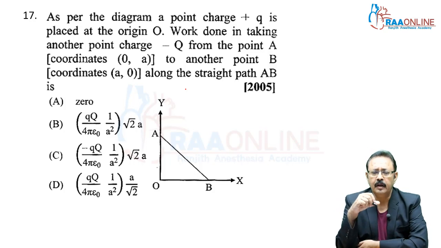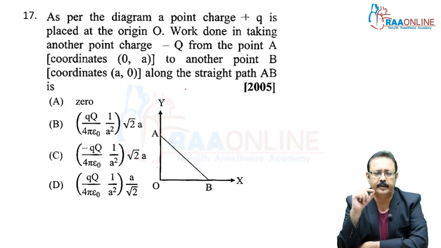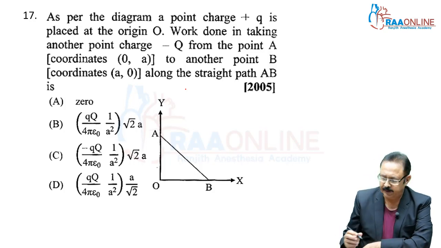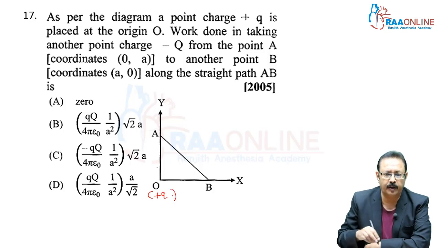Next. Now it is from 2005 AIPMT. As per the diagram, a point charge plus Q is placed at the origin. What they are saying? Put point charge plus Q at the origin.